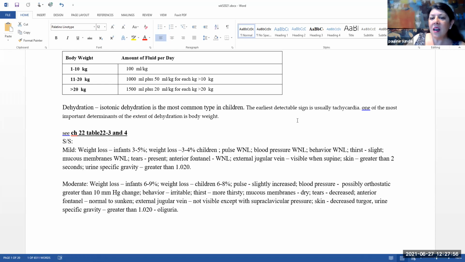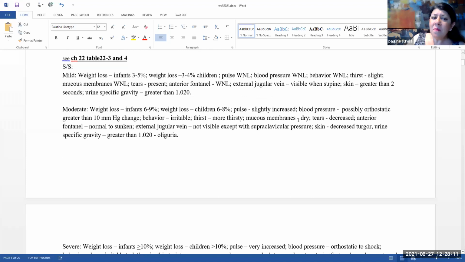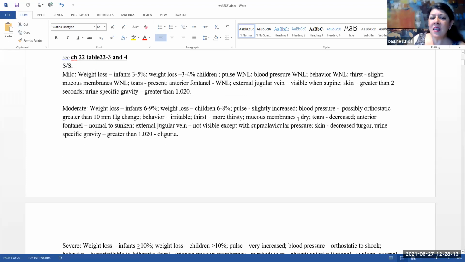Jugular vein is visible when supine. And skin, basically the capillary refill may be greater than 2 seconds. Specific gravity may be greater than 1.020.